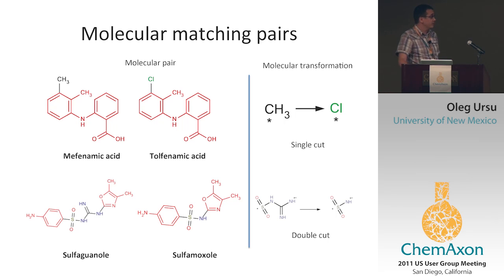It depends on the implementation. We use a simple rule which only allows breaking of bonds which are not part of functional groups or rings, and we only consider the molecular matching pairs which have fragments less than or equal to 8 atoms.